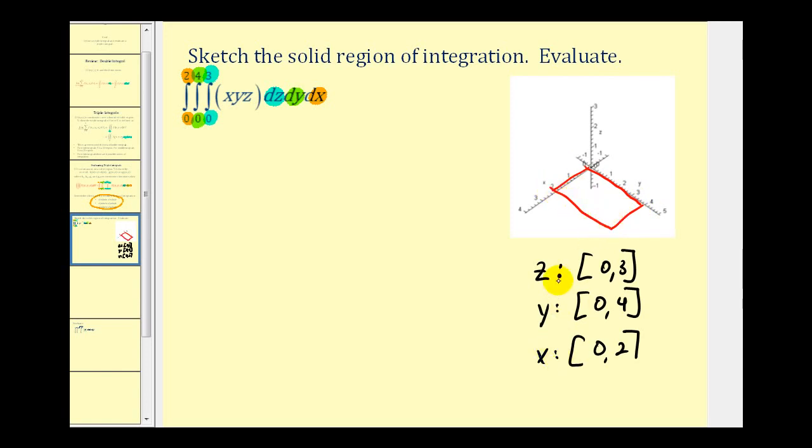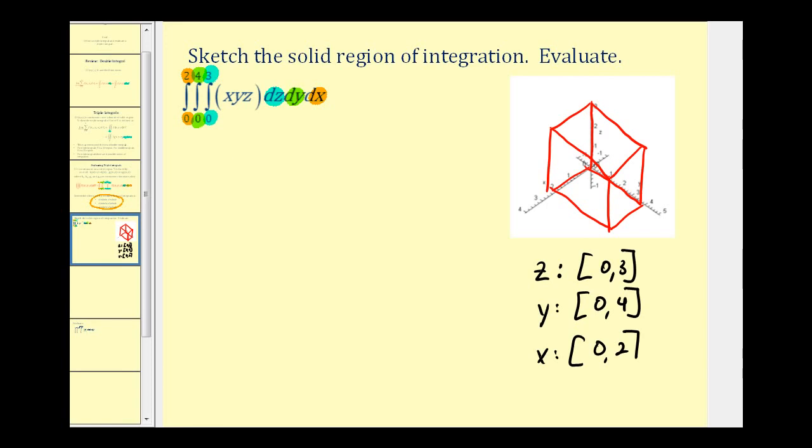But then z is on the closed interval from 0 to 3, so it'd be all the way up to here. And so the region of integration would be the rectangular prism, or the box, formed here. So keep in mind this triple integral does not represent this volume. This volume is the region of integration.